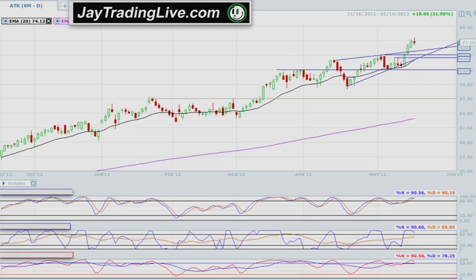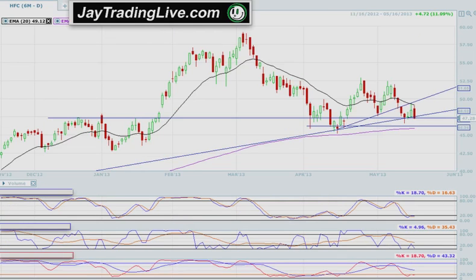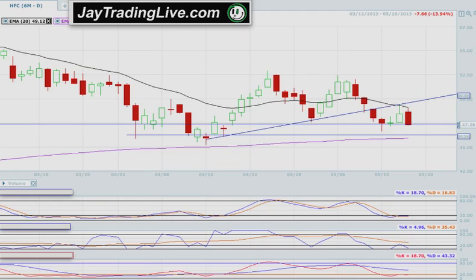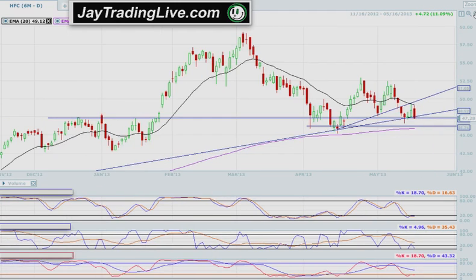HFC. Took a quick trade here on HFC, and I'll show you a couple of things. Let me just zoom in here. It'd be good if I can zoom in on some of this stuff for you, but you can't see that stuff too well.